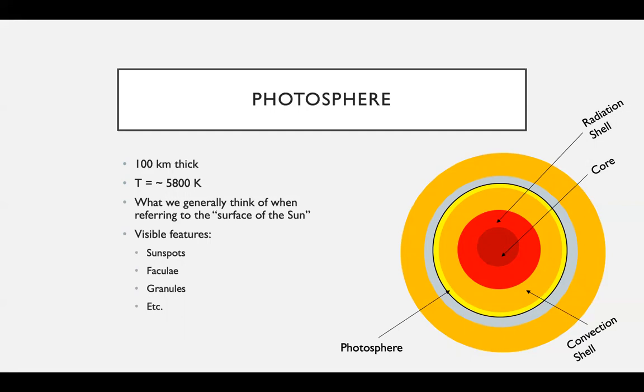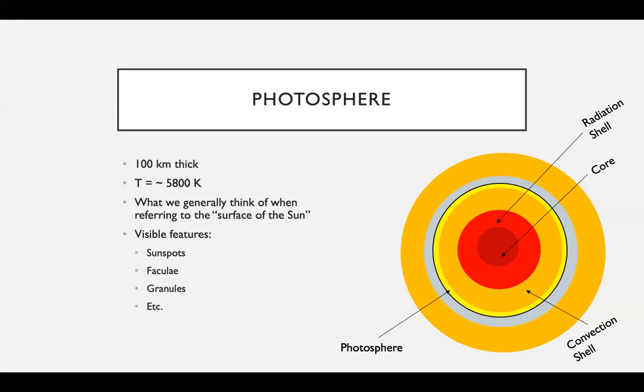Significant visible features on the photosphere, or the surface of the sun, include sunspots, which are slightly cooler regions constrained by magnetic energy on the surface of the sun, faculae, and granules.